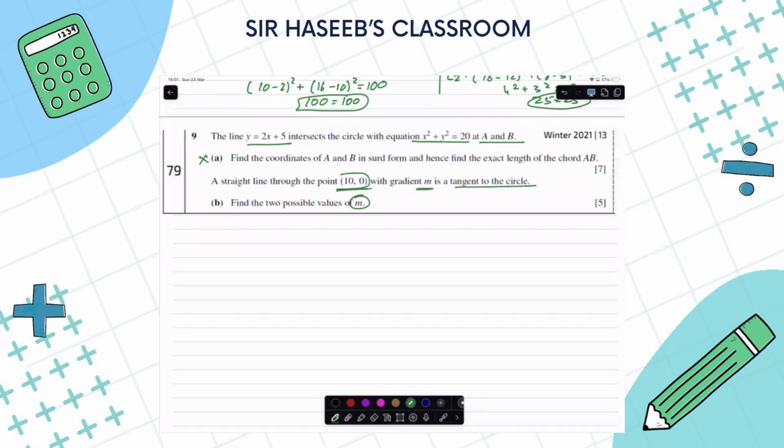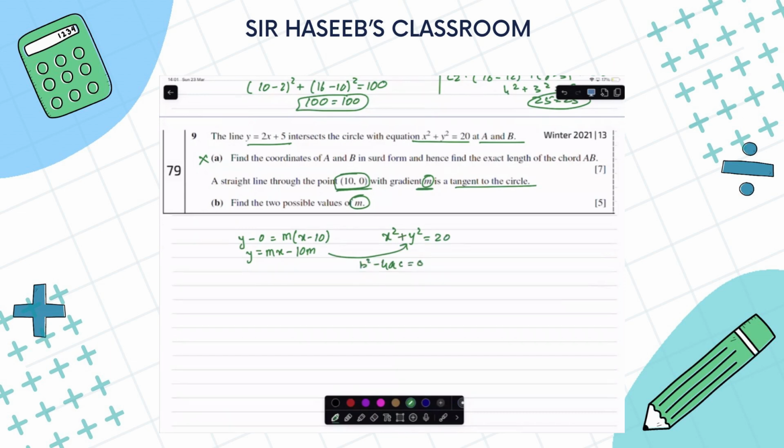So a straight line passing through (10, 0) with gradient m would be y minus y1 equals m times x minus x1, right? That's mx minus 10m, right? This is tangent to the circle. So we substitute and use b square minus 4ac equals 0.